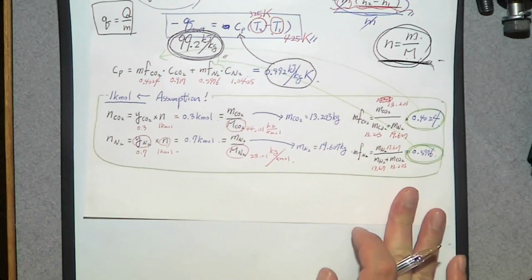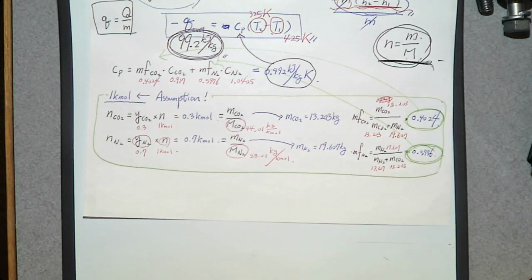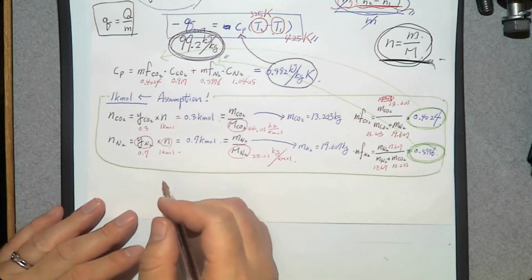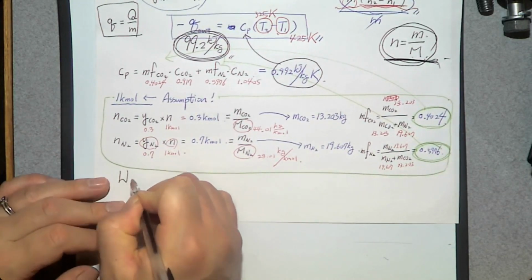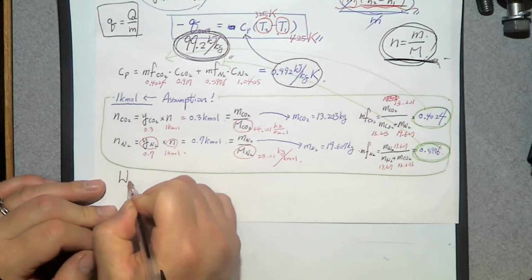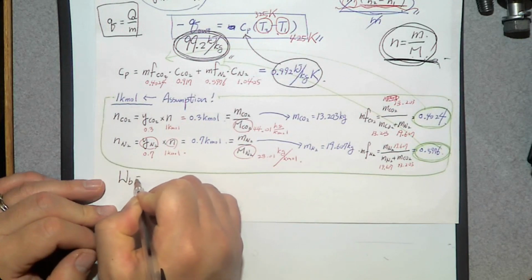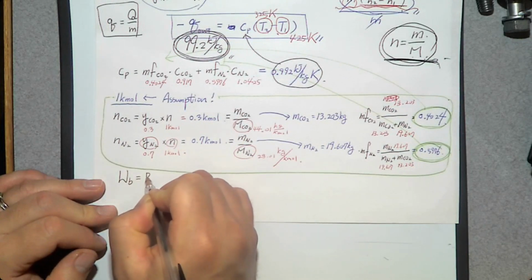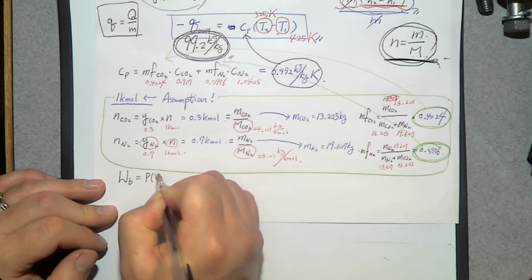But that's not the end. We need to determine what? The work, the energy transfer by work. So how can we determine energy transfer by work? We have a constant pressure process, so the work can be determined by pressure times V2 minus V1.